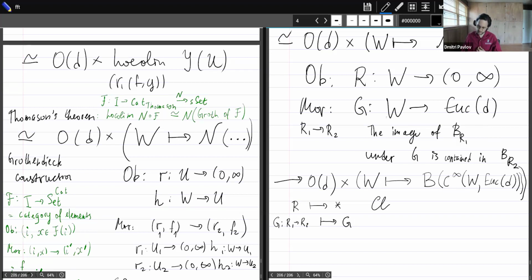And the claim here is that this functor, let's call it, I don't know, pi for projection, is a final functor and hence induces an equivalence on nerves. The nerve of pi is a weak equivalence.